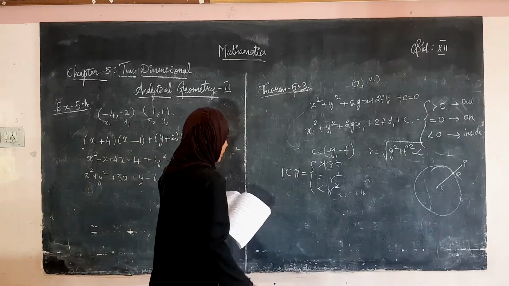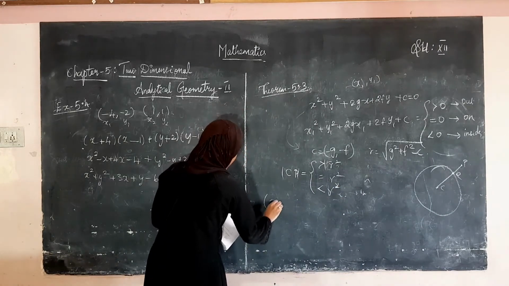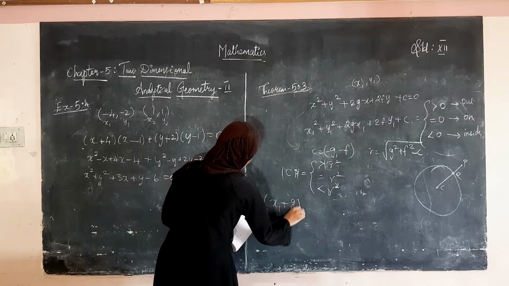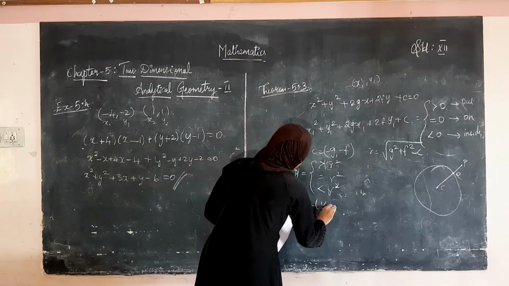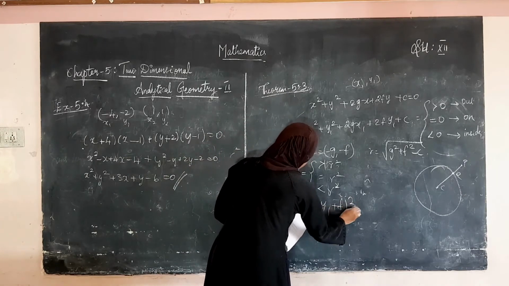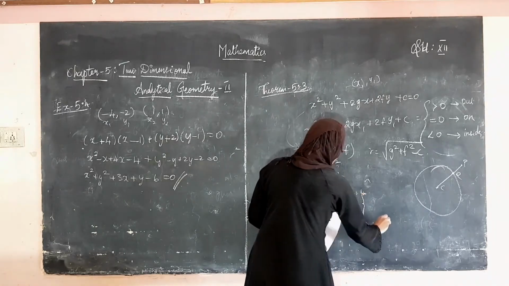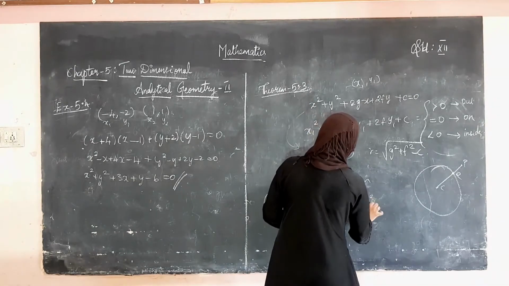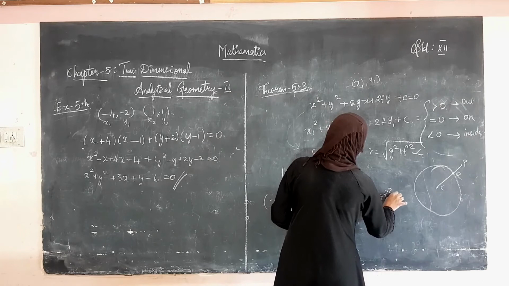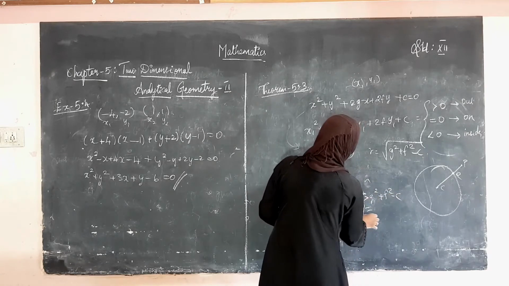So what is CP? (x1 plus g) the whole square plus (y1 plus f) the whole square is compared with R square, which is g square plus f square minus c: greater than, equal to, less than.